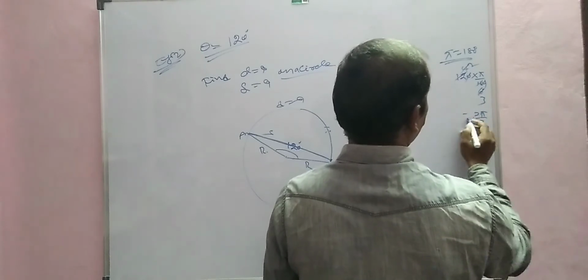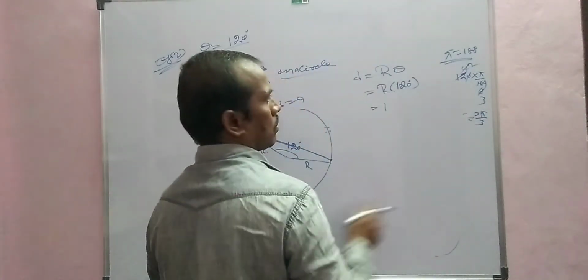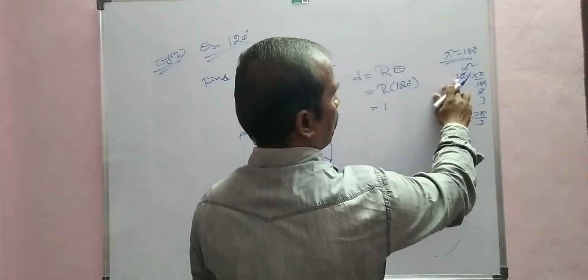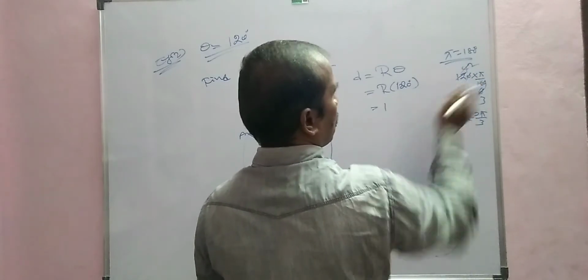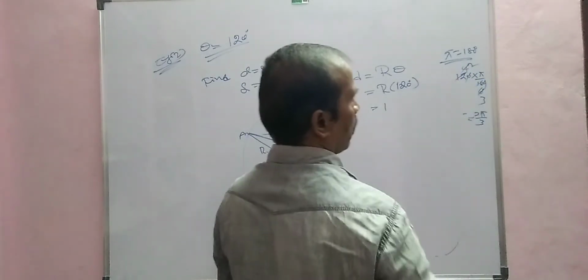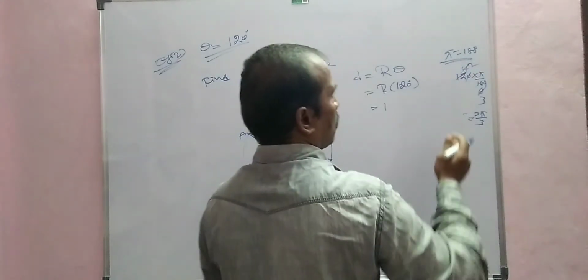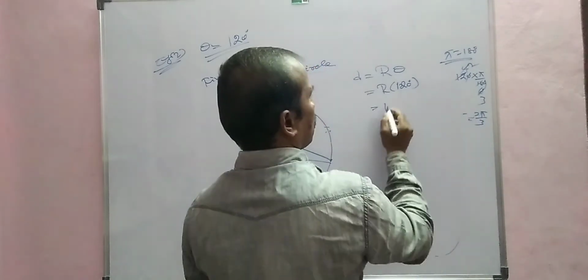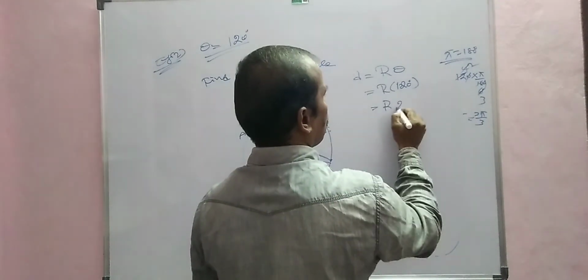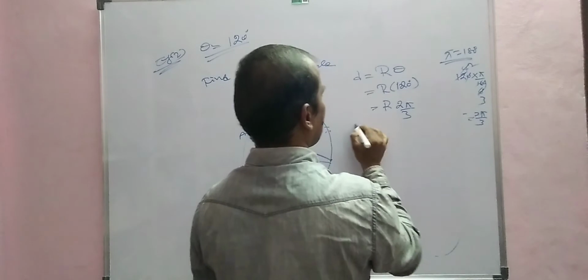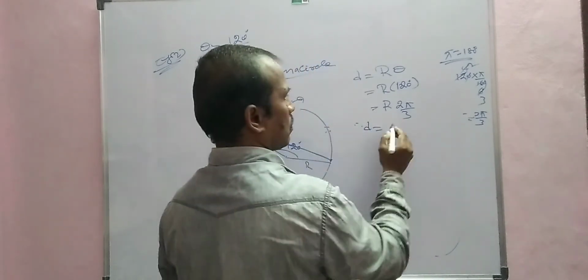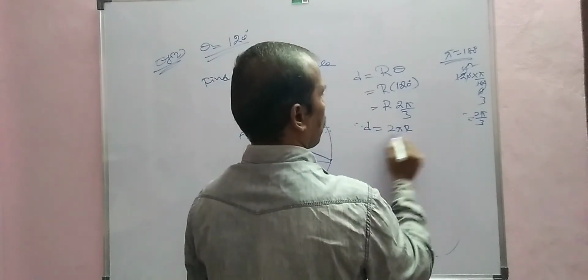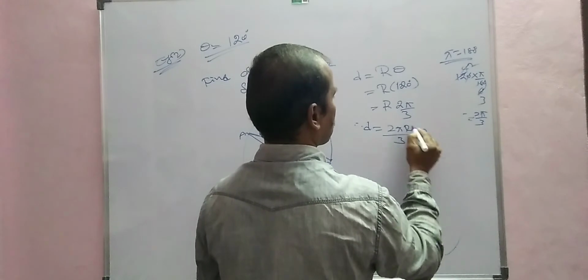Then r into 2 pi by 3 is the distance of the person, that is, 2 pi r by 3 meters.